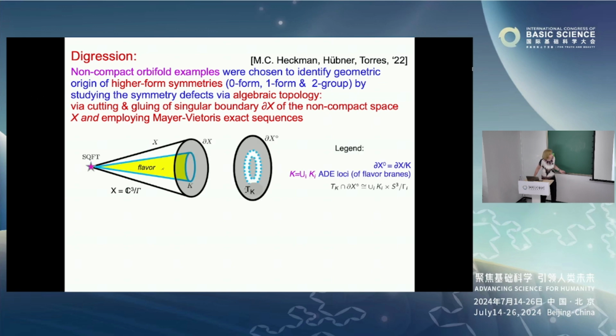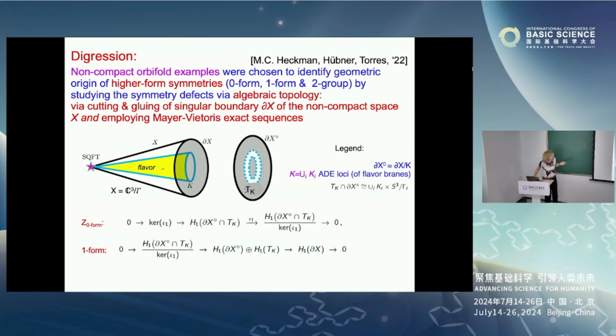Generically, these orbifolds with flavor branes inside have the flavor branes extended to the boundary, producing additional singularities that we cut and glued back.